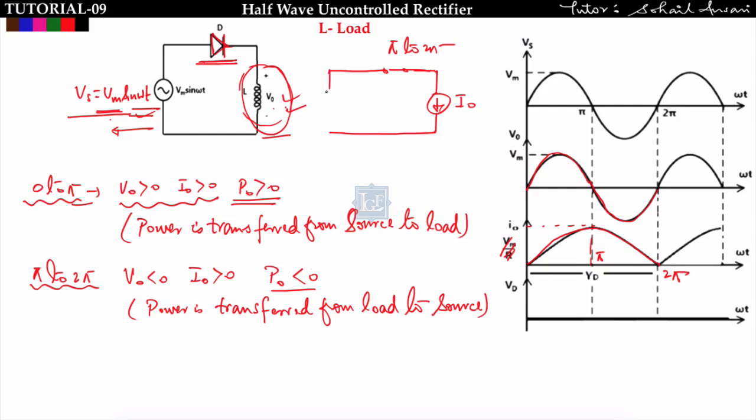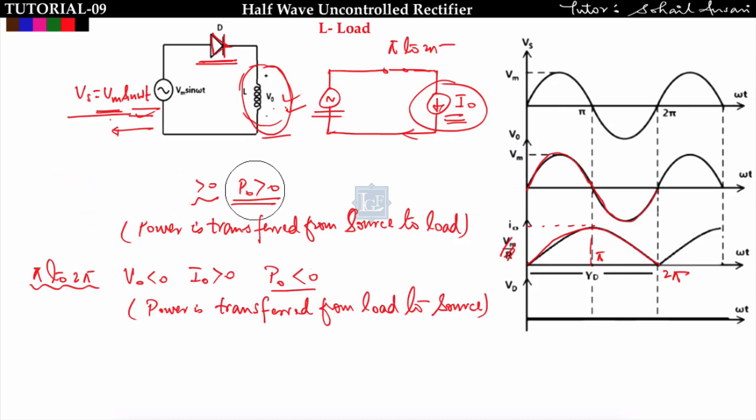Means this inductor is behaving like an active element, and whatever energy is present in this inductor is transferred to the supply. Got it? So in this way we can explain what is happening here. From 0 to pi, power is transferred from source to load. From pi to 2 pi, since output power is negative, power is transferred from load to source.